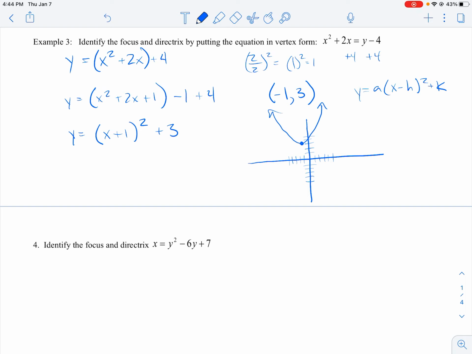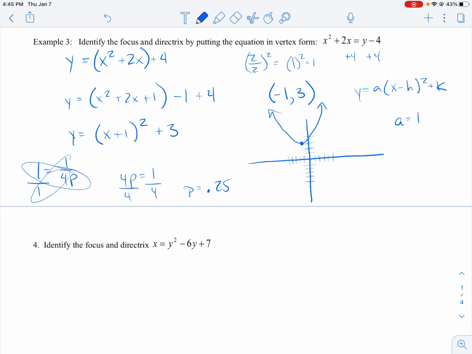To find the p-value, we take our a value and set it equal to this formula right here. This is used to find that p-value. So I cross multiply, 4p is equal to 1, divide by 4, and p is equal to 1/4 or 0.25.